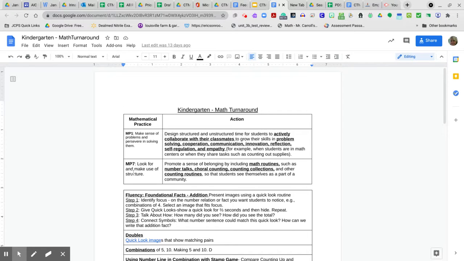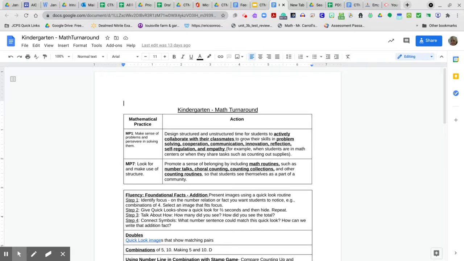And here's MP7, look for and make use of structure, promotes a sense of belonging by including math routines such as number talks, choral counting, counting collections, and other counting routines so that students see themselves as part of a community.